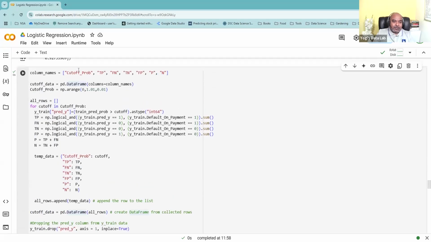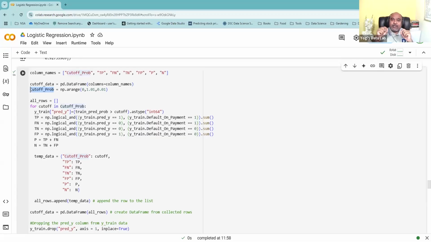I'm creating a range from 0 to 1.00 with a gap of 0.01. Since I'm using a range, I have given it 1.01 so that it creates values up to 1.00.